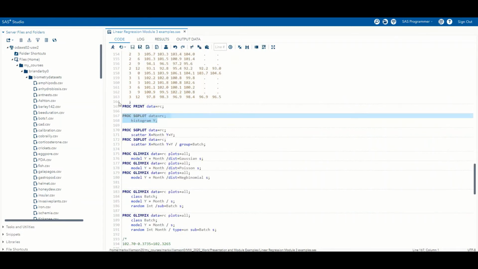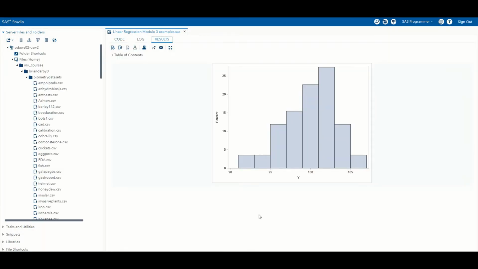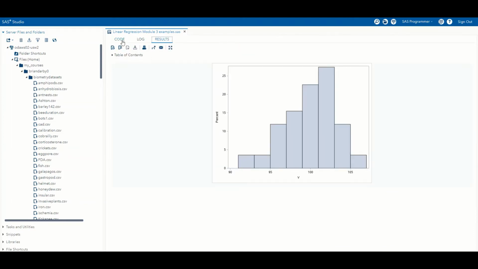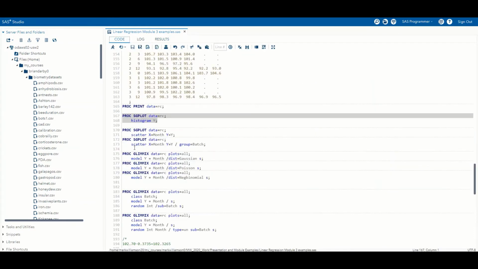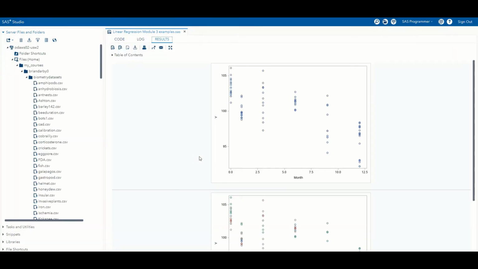So let's just do a histogram of our Y variable, and it might be normally distributed, but we should check this. It definitely looks like it's more of a count variable or something similar, or some sort of rate variable. And then we'll also take a look at plots here.